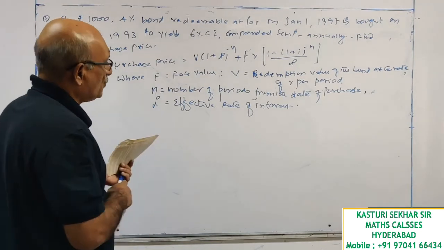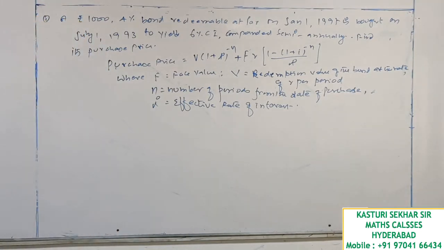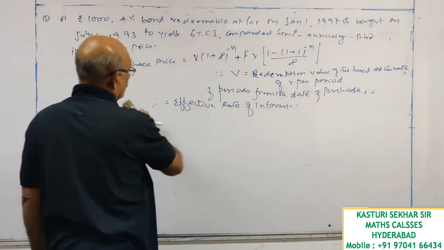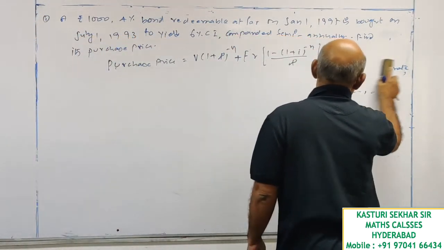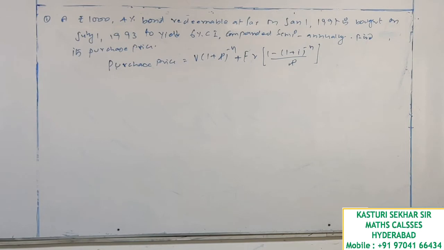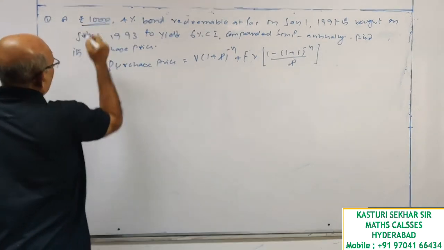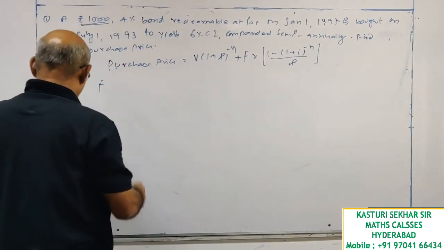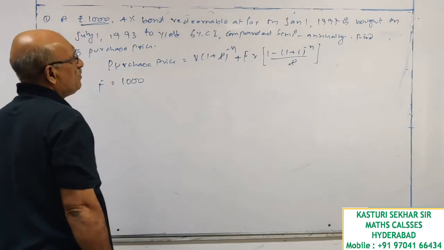Okay, if I substitute the values, here face value F is equal to rupees 1000, redeemable at par.